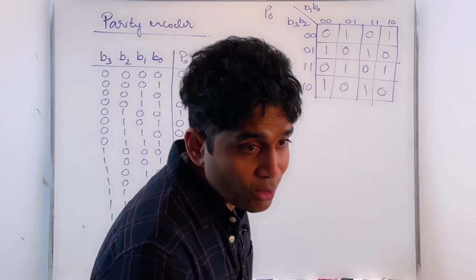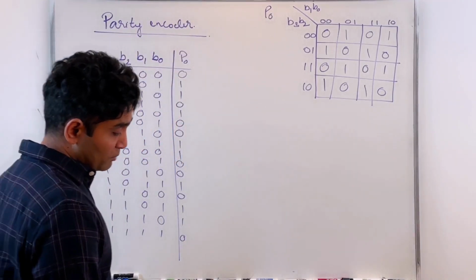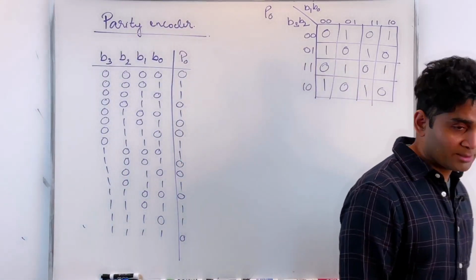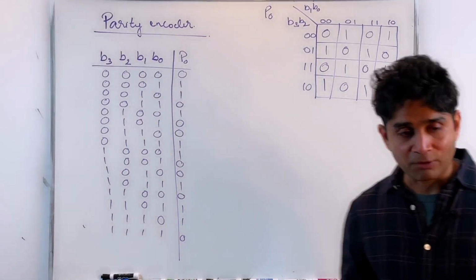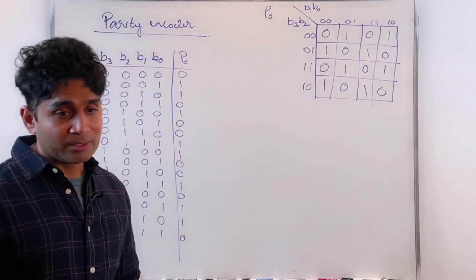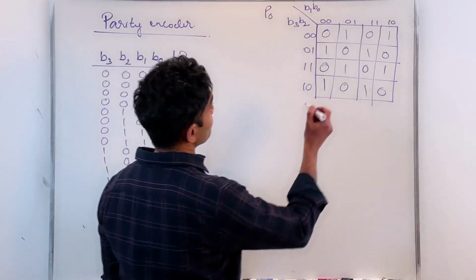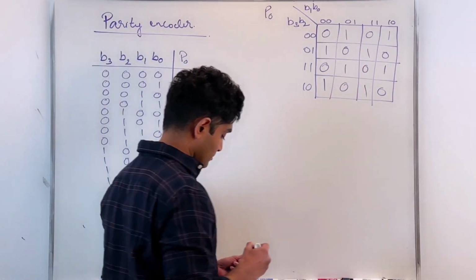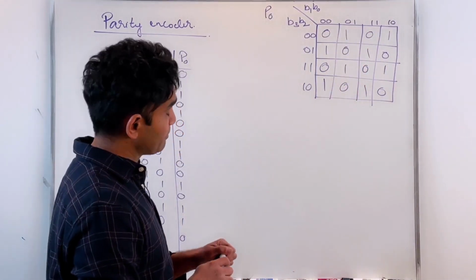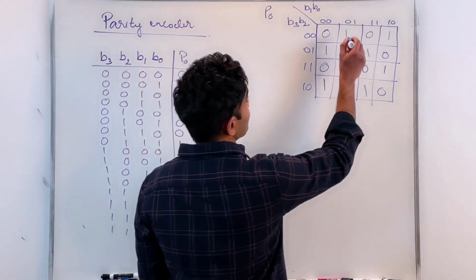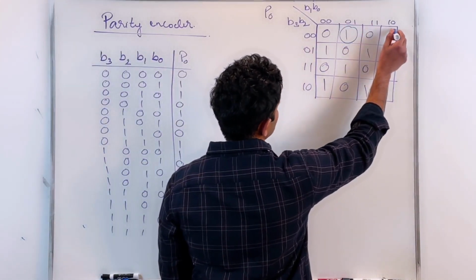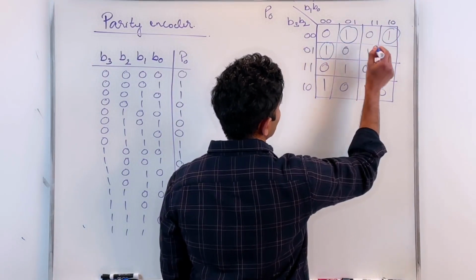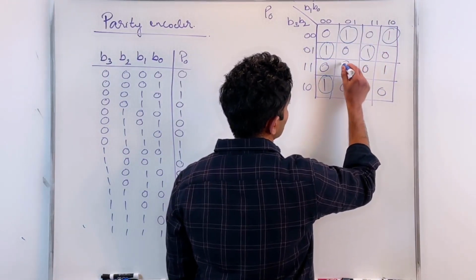There are no adjacent ones. That's the worst possible K-map you can imagine, right? So each of these cells is a combination itself. The only way I can do this is to combine each of the cells, so each prime implicant in this case is a single combination. That's my prime implicant, that's another prime implicant, another one, another one.